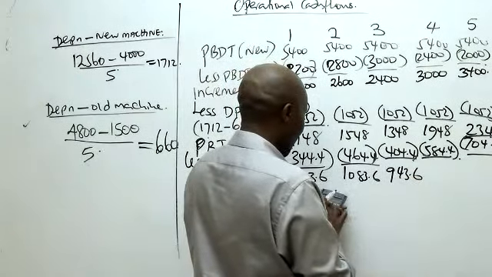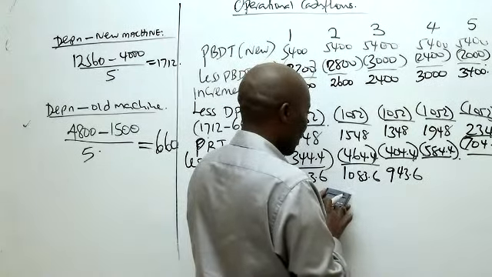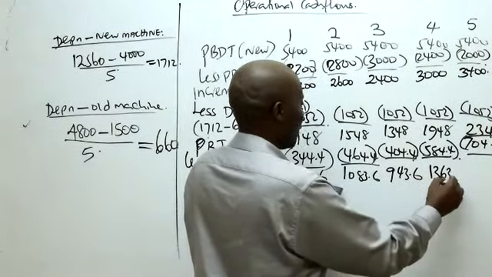Then we have 1948 minus 584.4, which will give me 1363.6.